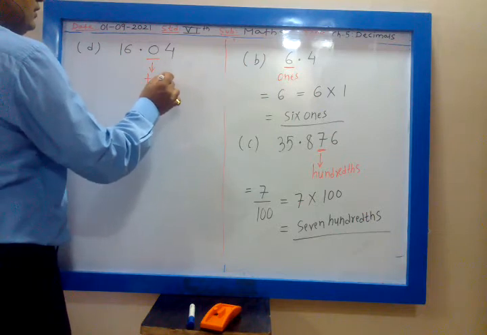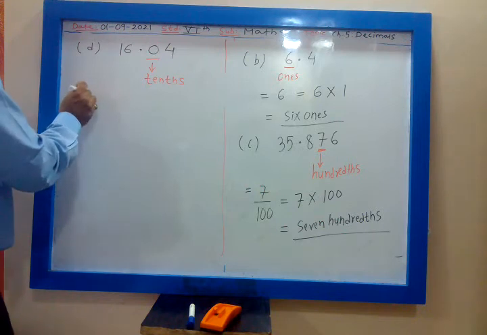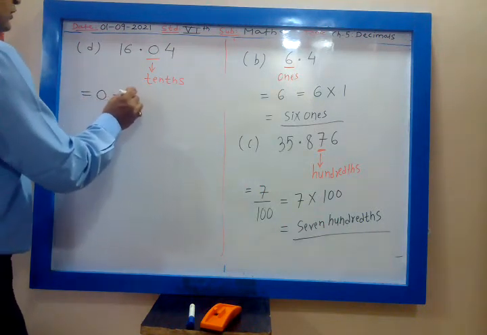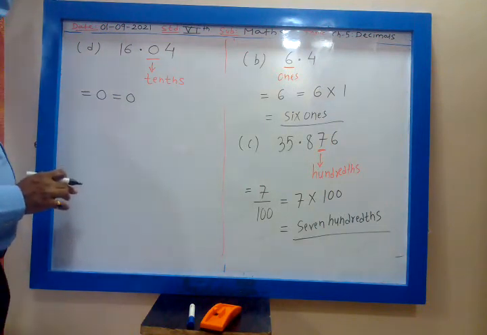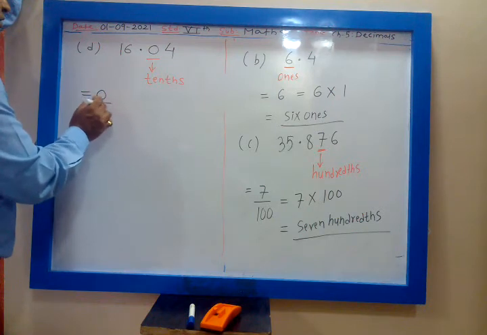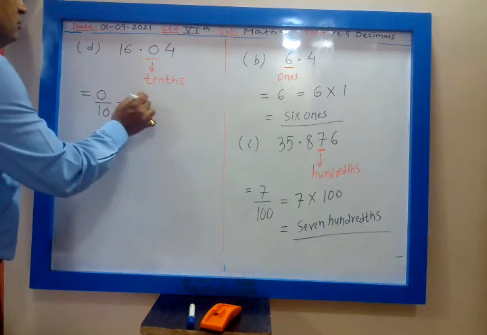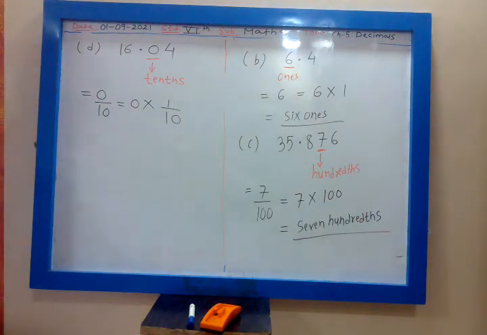Tenths. So this 0 you can write as 0 upon 10. 0 upon 10 is 0 into 1 by 10.